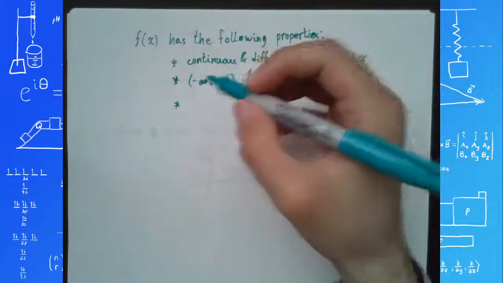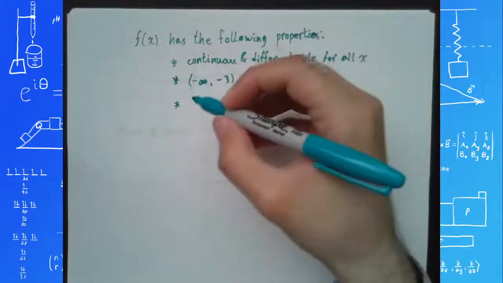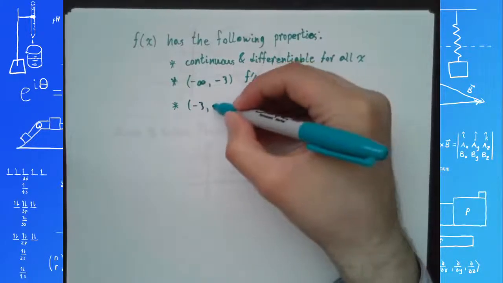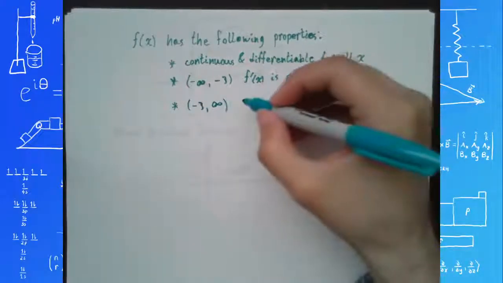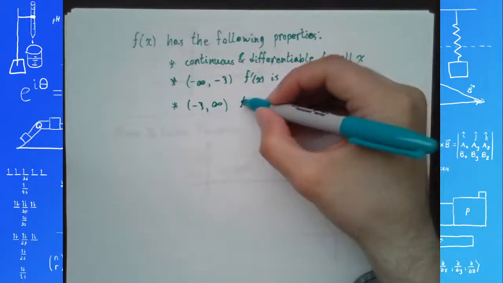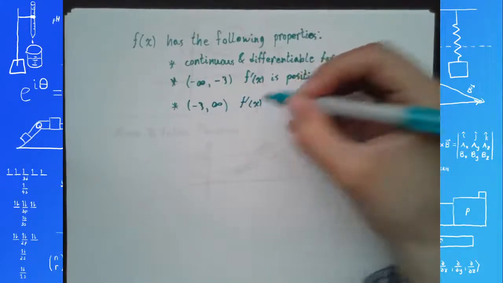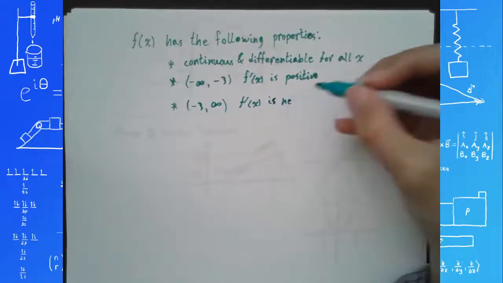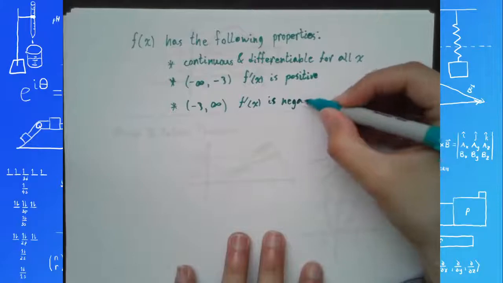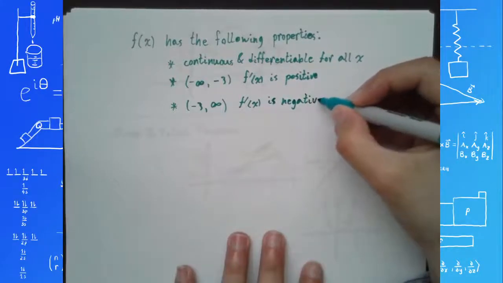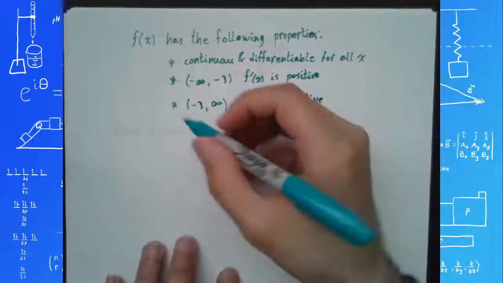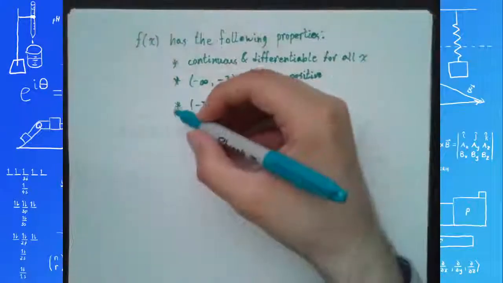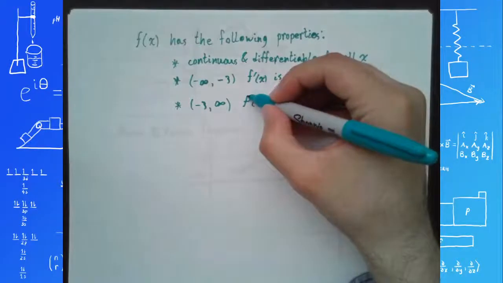And it'll tell you from, of course, negative 3 to positive infinity, f prime of x is negative. My handwriting feels off today. But maybe that's just how I'm seeing it.